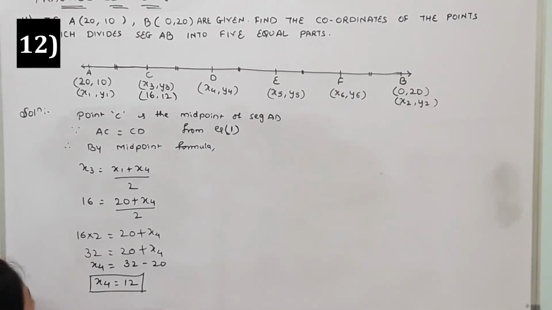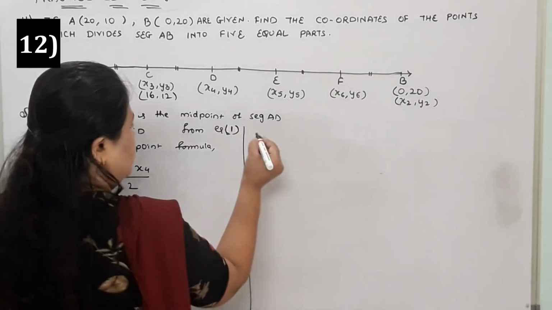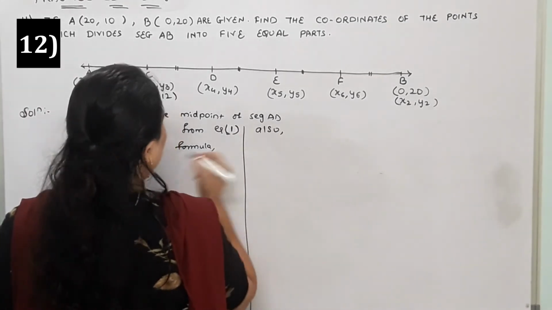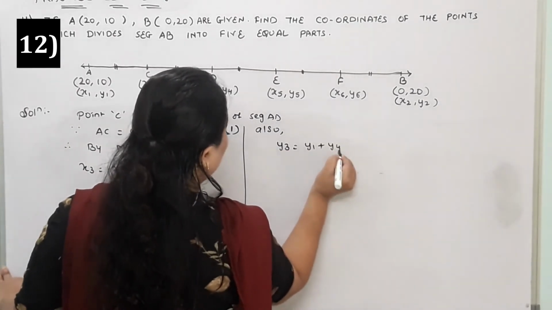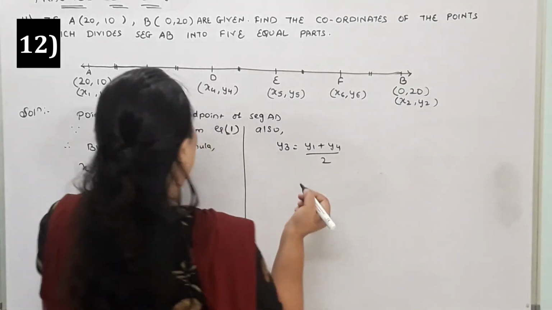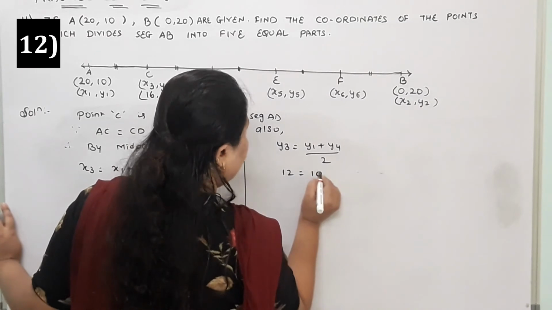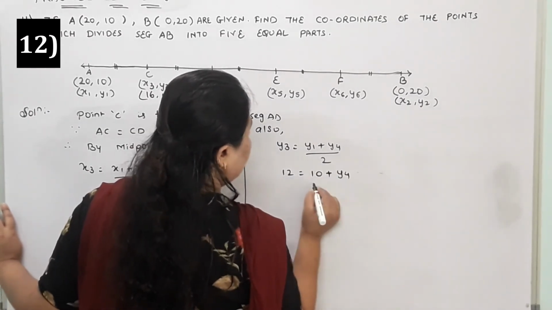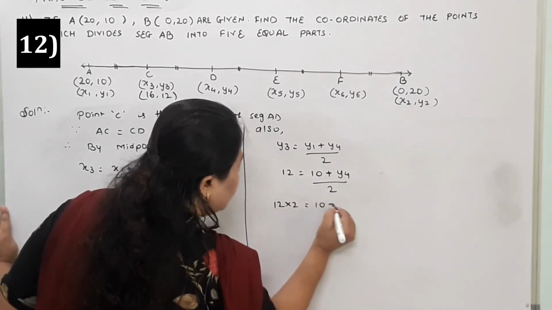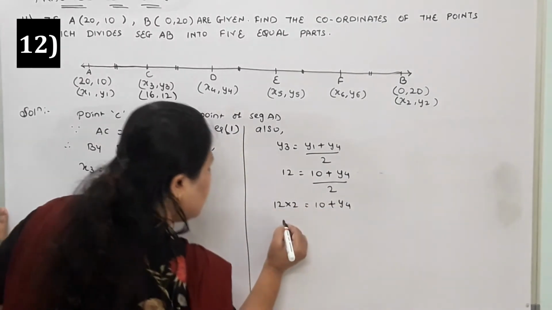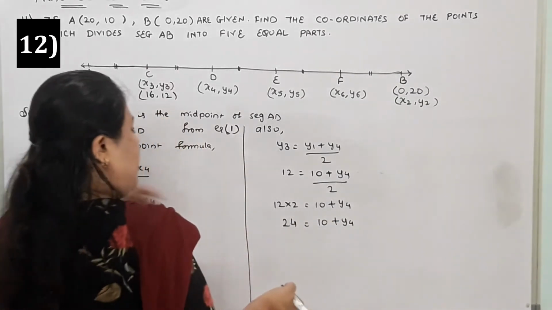Yes. Now we will solve for the y coordinate. Also y3 equals y1 plus y4 upon 2. Now y3 is 12 equals y1, which is 10, plus y4 upon 2. 12 into 2 is equal to 10 plus y4. 12 2s are 24 equals 10 plus y4.